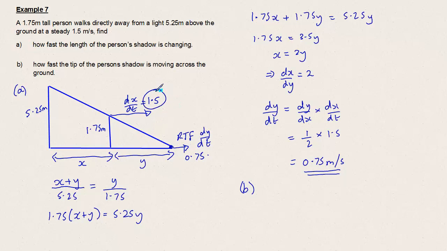It's just going to be the sum of the two speeds. If we know the person's moving at 1.5 and the shadow is increasing in length at 0.75, then the tip here is just moving across the ground with the sum of these two. So that's just simply going to be 2.25 meters per second.